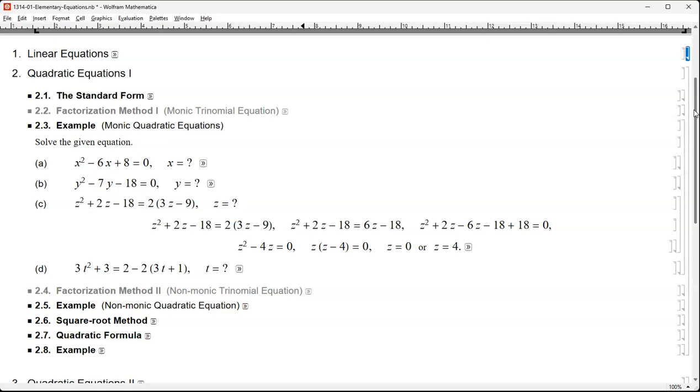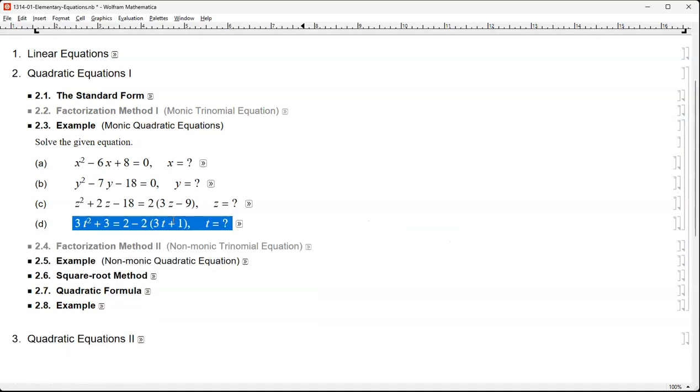So next, break up parentheses, and then from there take the like terms and simplify all the way to the standard form. And then you can do the factorization and then get the problem done.